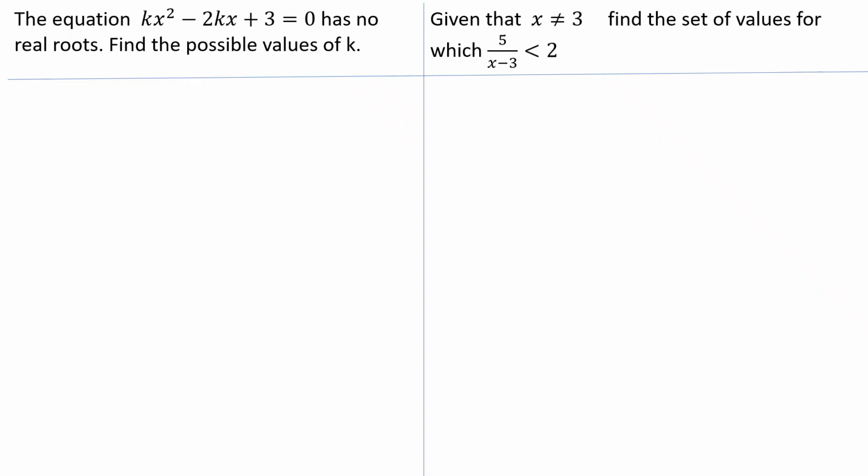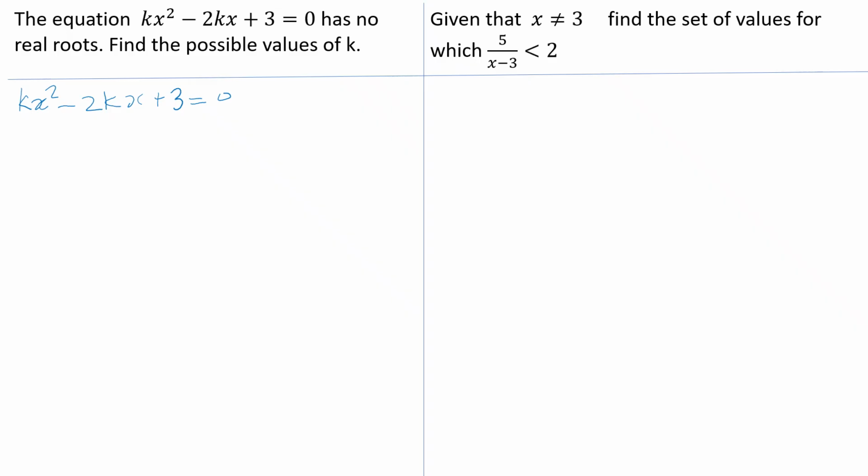The equation kx squared minus 2kx plus 3 equals 0 has no real roots. Find the possible values of k. So we know this is a quadratic equation. This quadratic equation has no real roots.